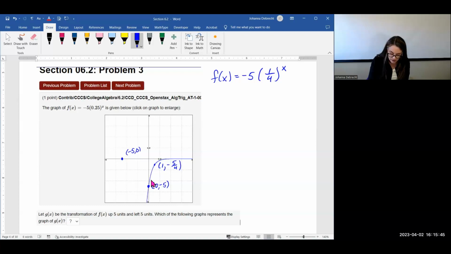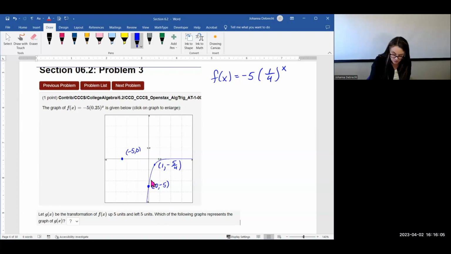So we're coming up to about 3.75. And then we're going to be moving over to the left by 5.